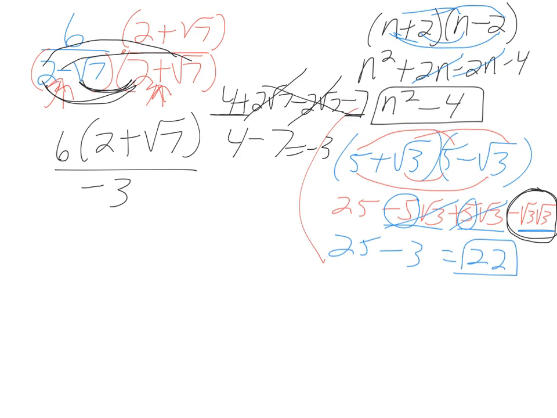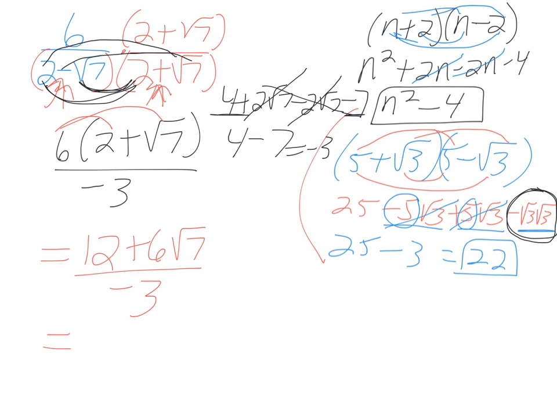So if you need to, I know it might seem kind of confusing, stop it, rewind it, listen to it again to help yourself. So then my last part here is going to be 12, distribute that, plus 6 square root of 7 all over negative 3.